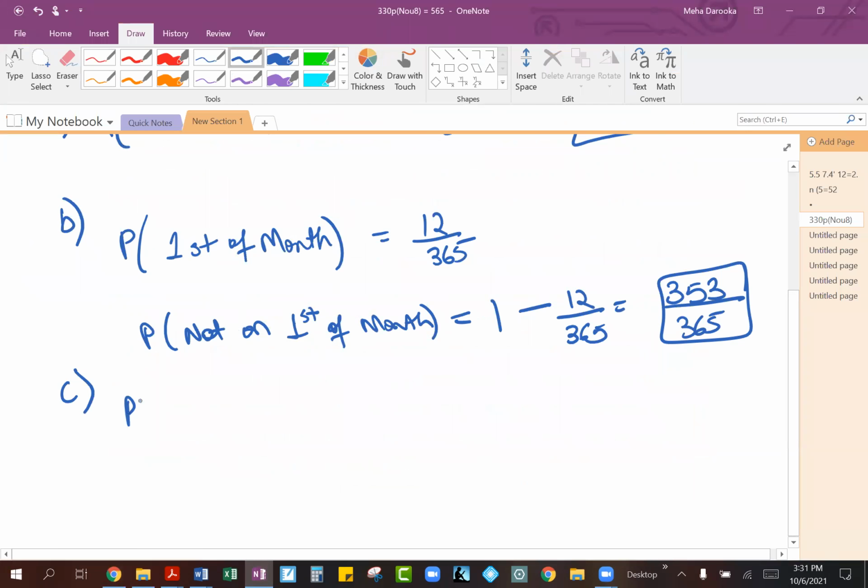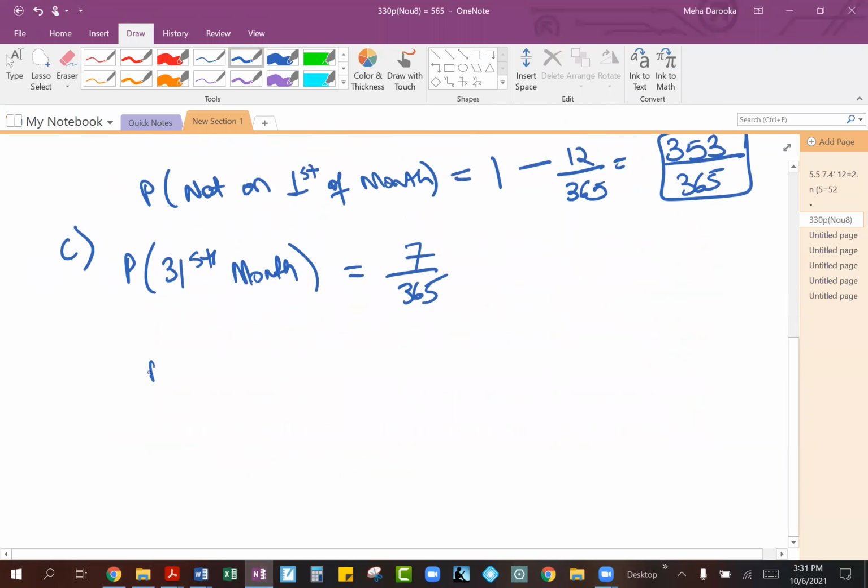So that means, again, same thing. We know the 31st of the month occurs in 7 months, so that's 7 days out of the year. So same thing, you would be doing not a birthday on the 31st.